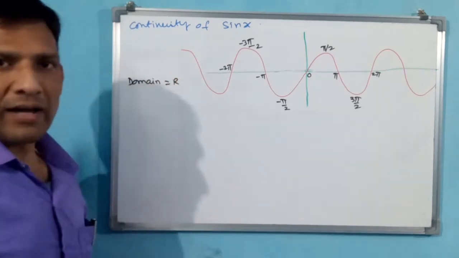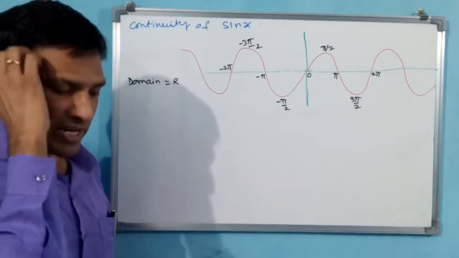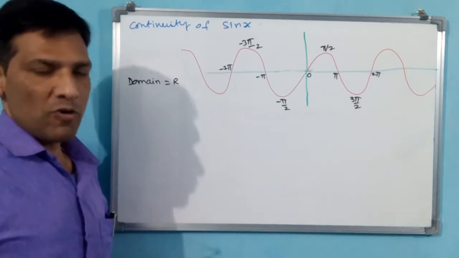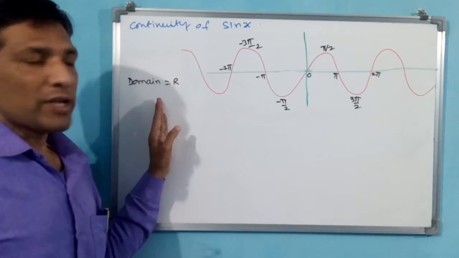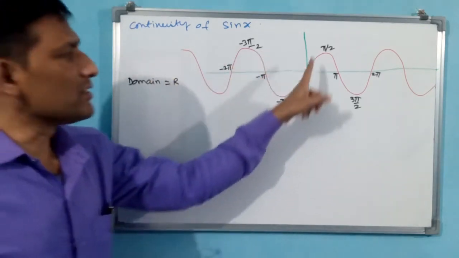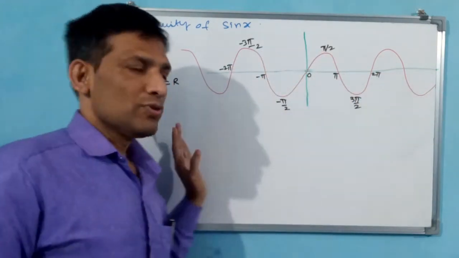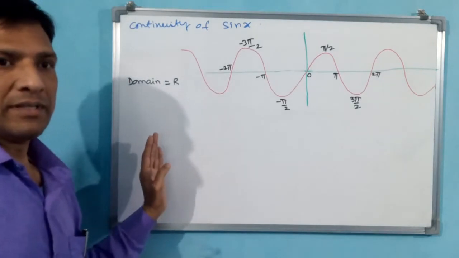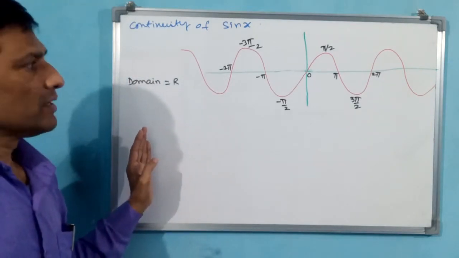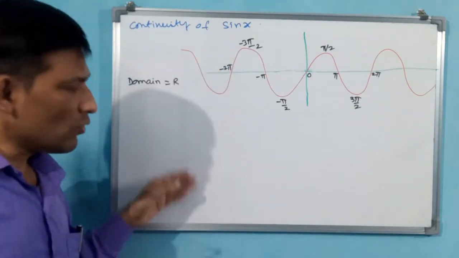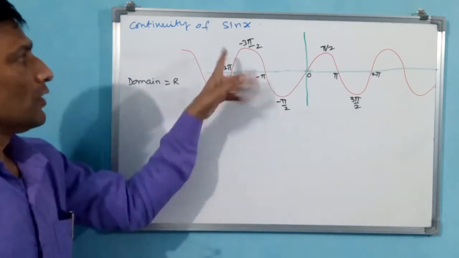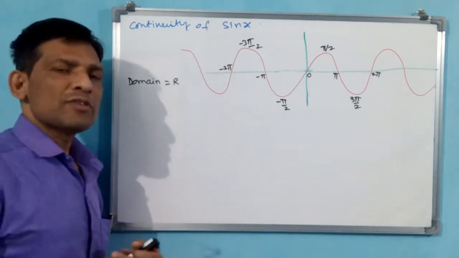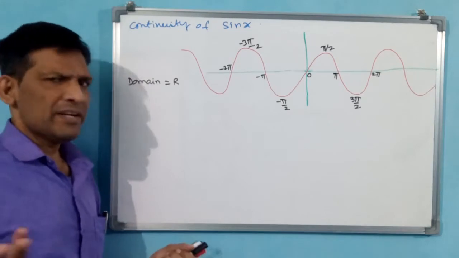Domain is equal to R. Any real number you can give. That means there is no restriction on the domain. Any real number you give, the value is continuously given, positive side, negative side, both. Okay. Then first of all, without seeing the proof, you tell me whether it is a continuous function or not. Definitely a continuous function.